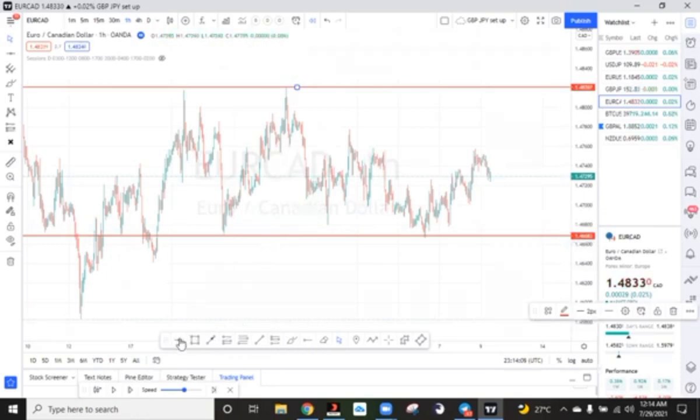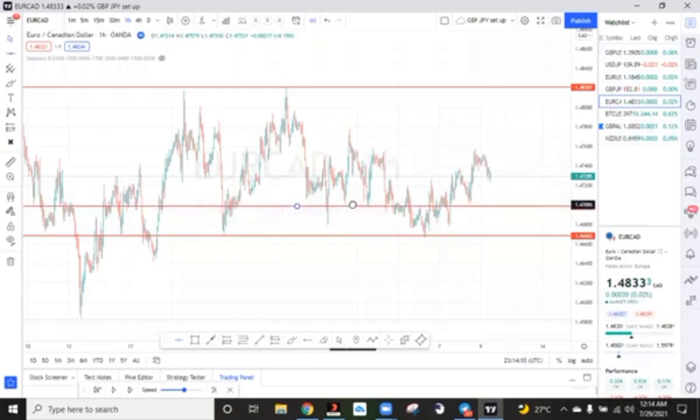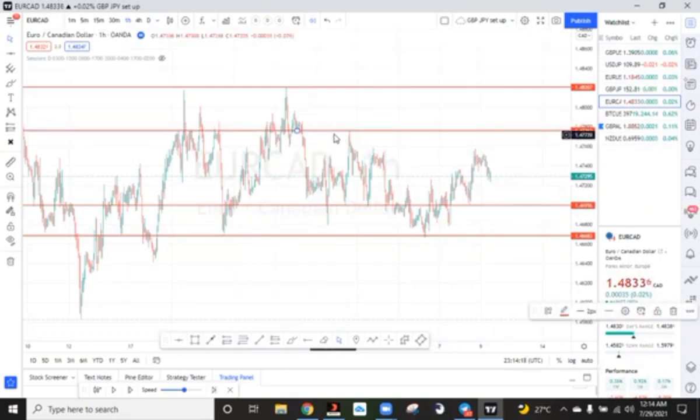We want to look for another obvious support, and resistance.